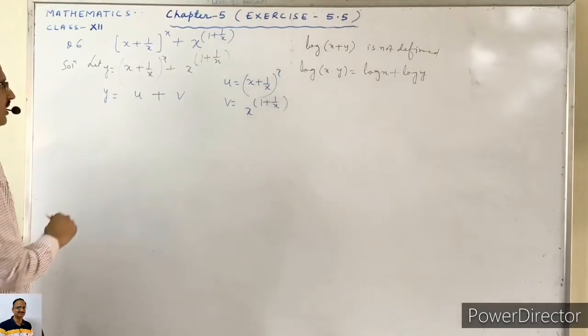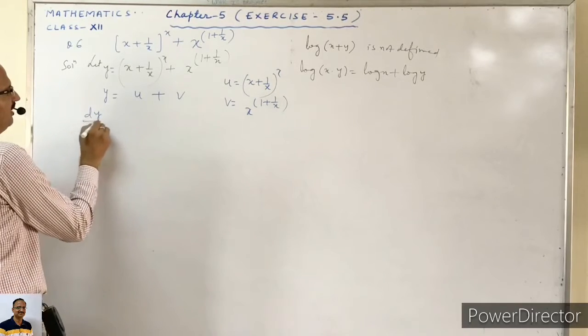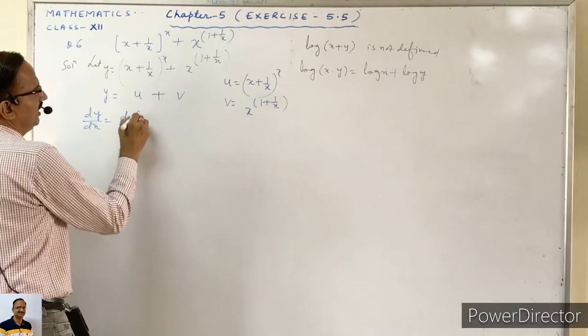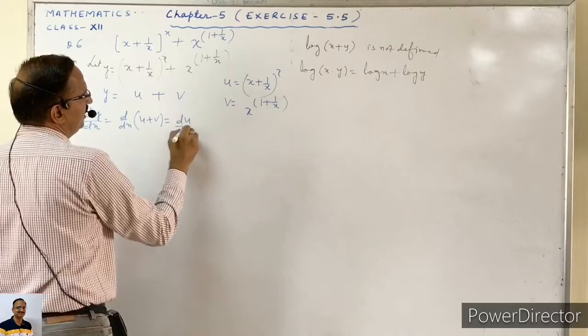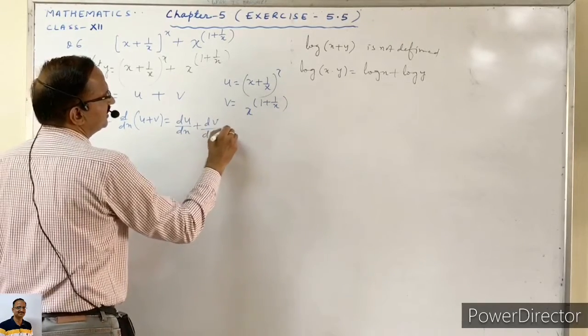Now what do we want? We want dy/dx. It means dy/dx of u + v, and this can be written as du/dx + dv/dx.